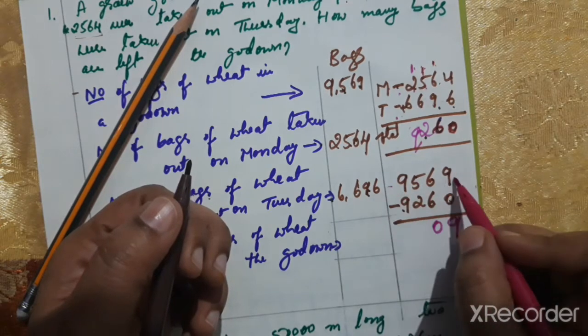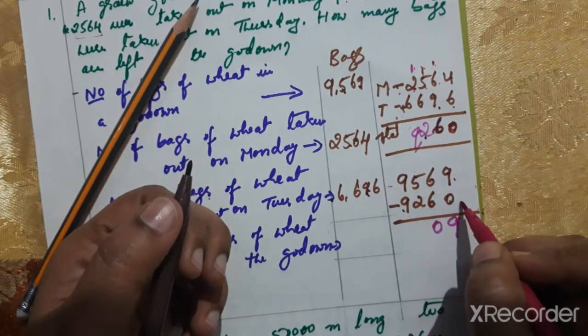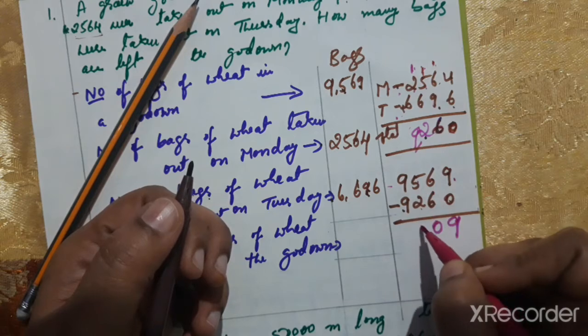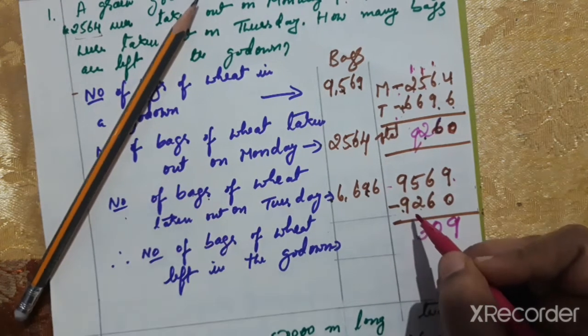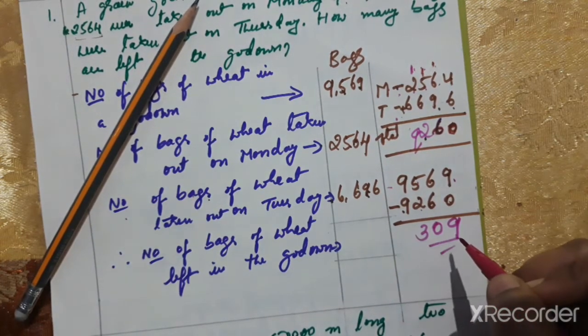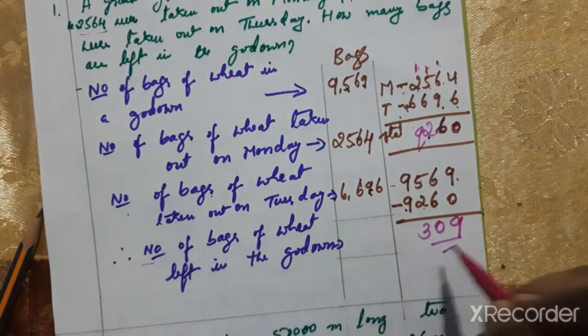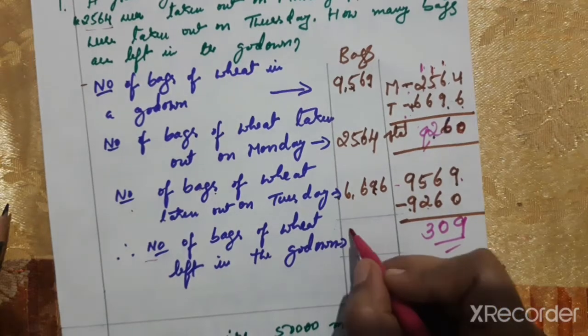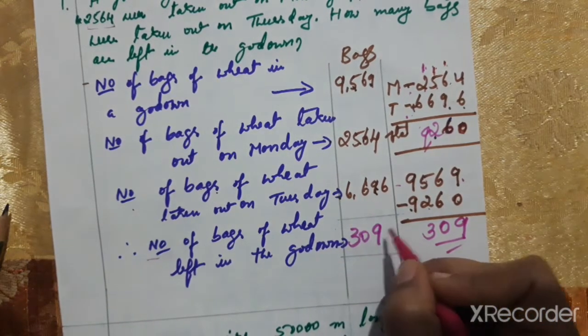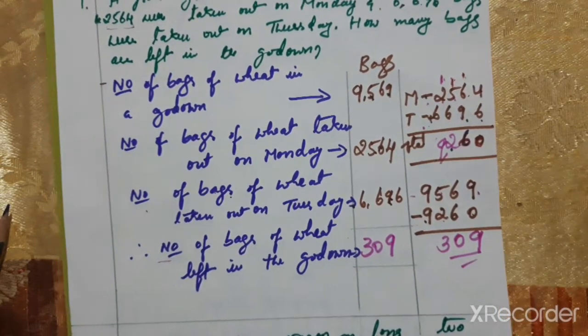We have to write the greater number first on the first line and the smaller number on the second line. 5 minus 2 is 3, 9 minus 9 is 0. So the number of bags of wheat left in the garden is 309 bags. 309 bags were left in the garden.